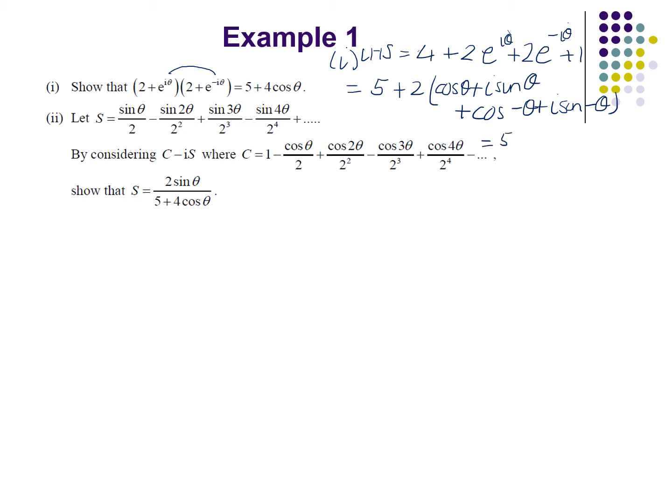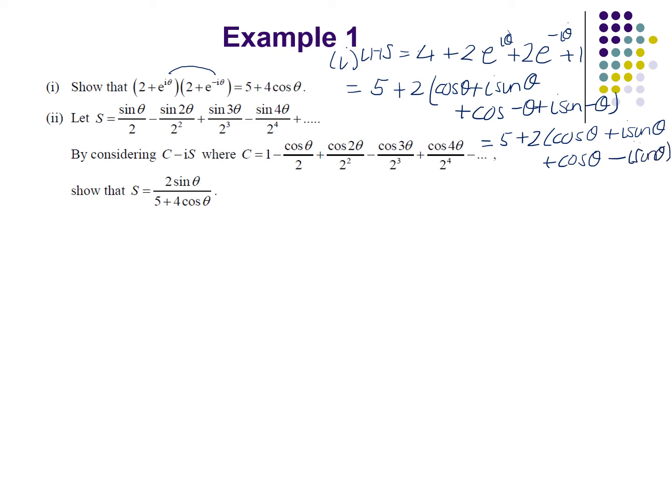And then here's the bit that you are used to using quite a lot. Cos plus i sine stays like that. Remember, when you've got minus the argument, the cos bit is still cos theta, but the sine bit becomes minus i sine theta.